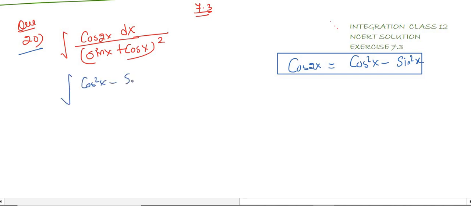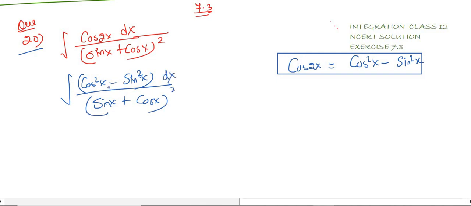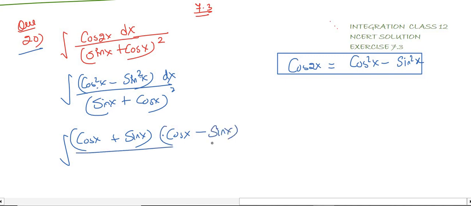So cos square x minus sin square x, divided by this thing, which is (sin x plus cos x) square. What is a square minus b square? Tell me. We can factorize it, right? (Cos x plus sin x) into (cos x minus sin x), divided by (sin x plus cos x) square.